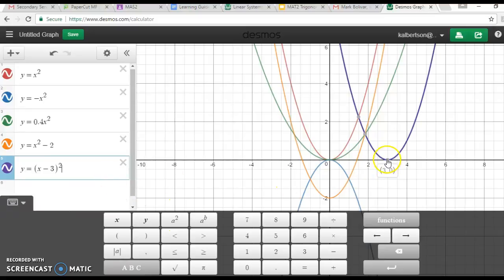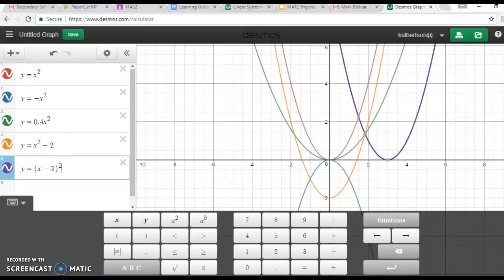There he is. The blue one is sitting on positive 3. So when we go x minus 3 all squared, it shifts across to positive 3. When it's x squared plus or minus a number, the vertex of the parabola sits on that number.